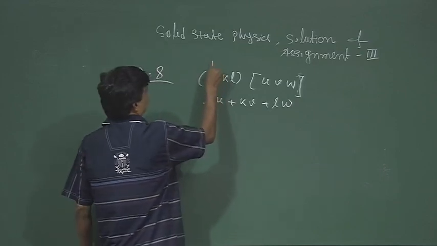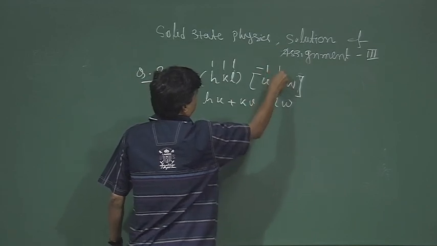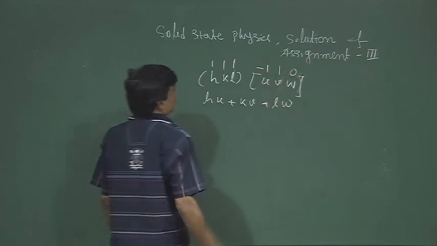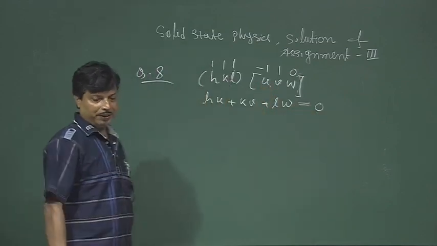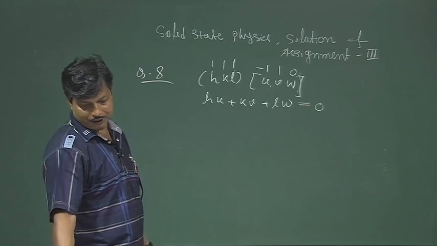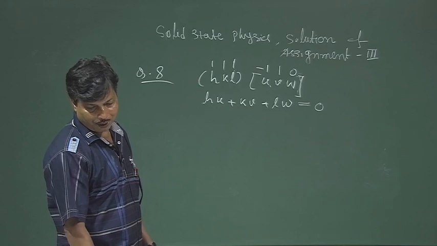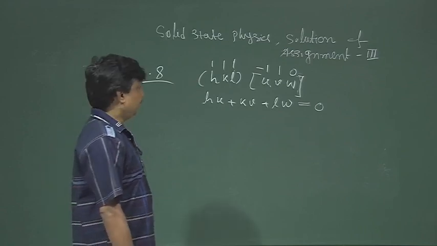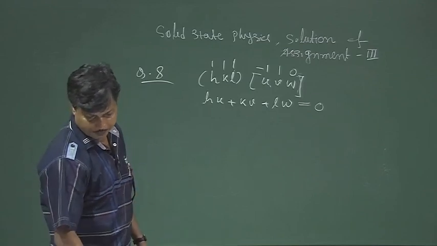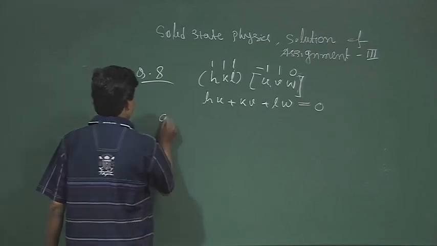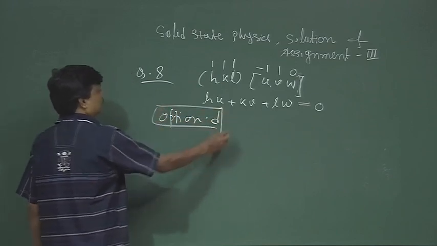So, here it is 1 1 1 and here it is 1 bar, means minus 1, and this is 1 and this is 0. So, this way this will be 0. You may verify this and then you will see that it is lying in the 1 1 1 plane. So, option D is correct for question number 8.